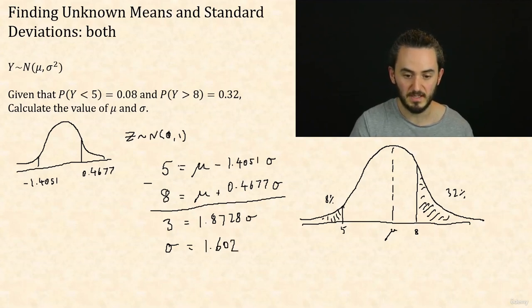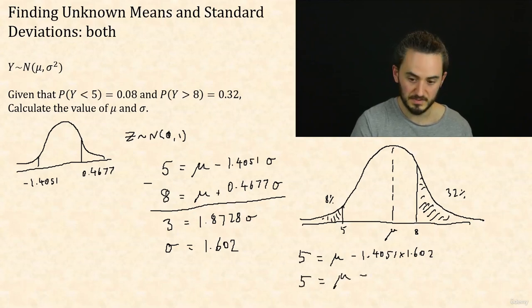How do we find the mean? Just sub this back in. So I'll sub it back into the first one. 5 was the mean minus 1.4051 times my newly found sigma. So 5 was mu minus 2.251.